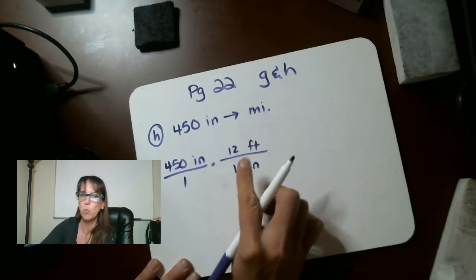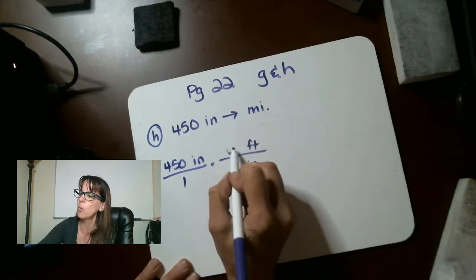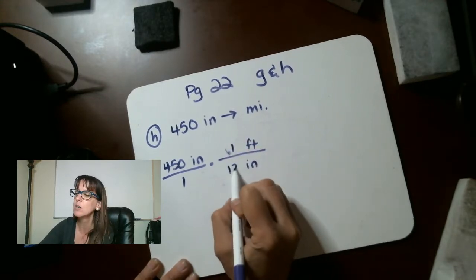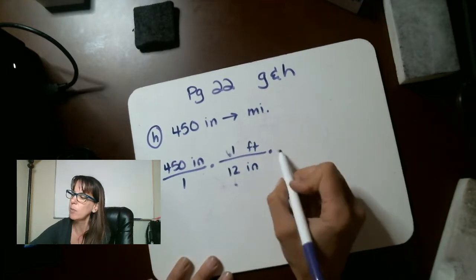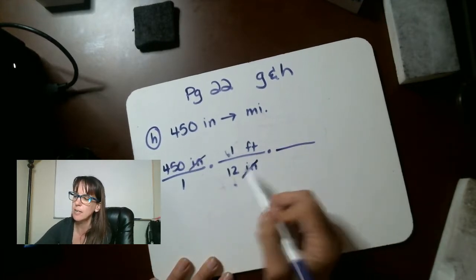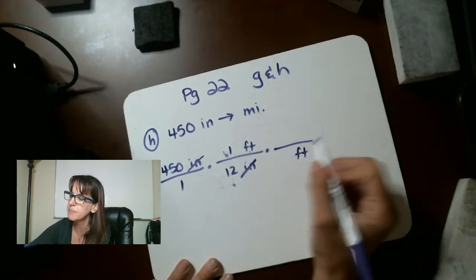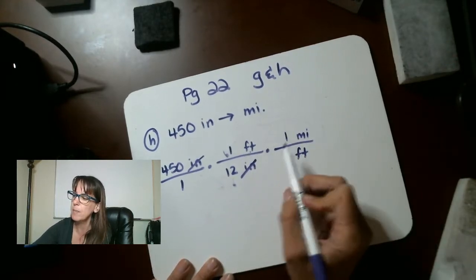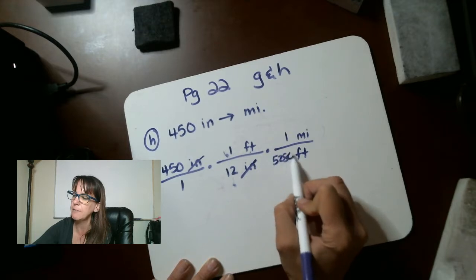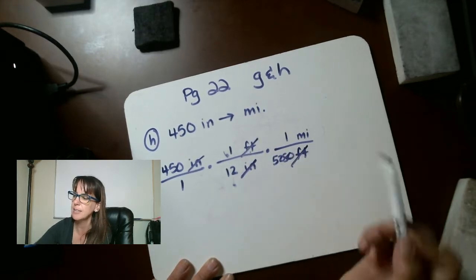No, that does not equal 1. So we're gonna do 1 foot equals 12 inches. Now our inches can cancel out, but we wanna go from feet to miles. So feet's up top here, so I'm gonna put it down on the bottom, miles here. And in 1 mile, there are 5280 feet. Cancel those guys, cancel those guys.